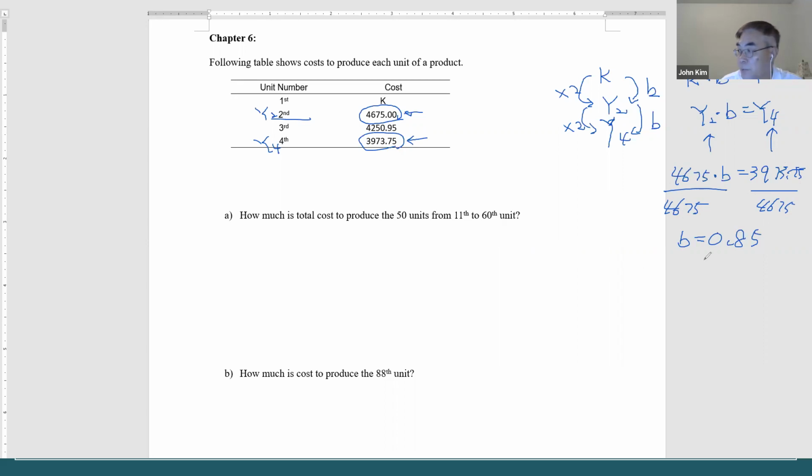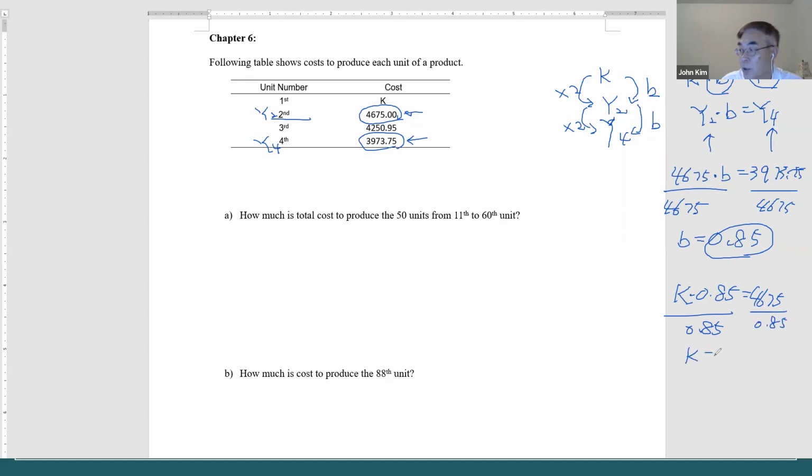Thank you, Marissa. So using this one, we know B, and we know Y2. So K times B, which is 0.85, is Y2, so K is 4675 divided by 0.85.